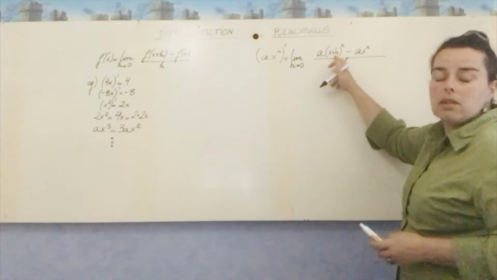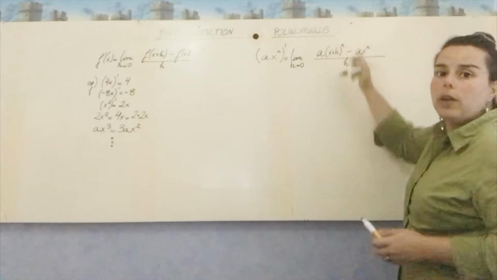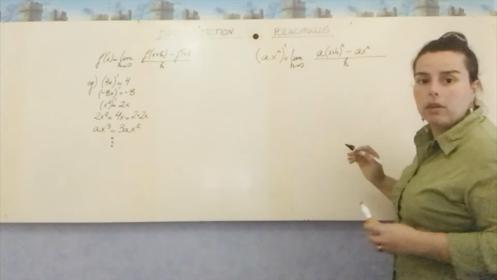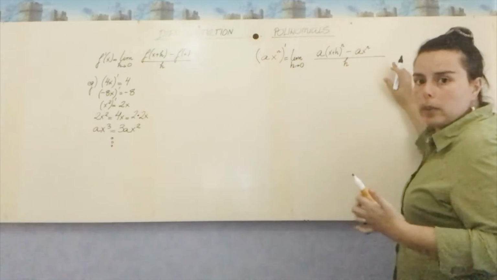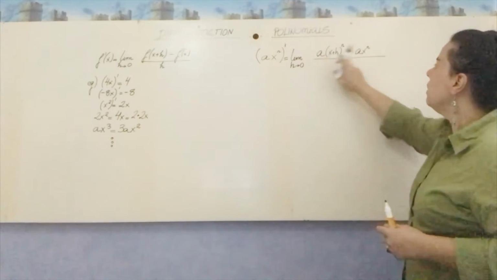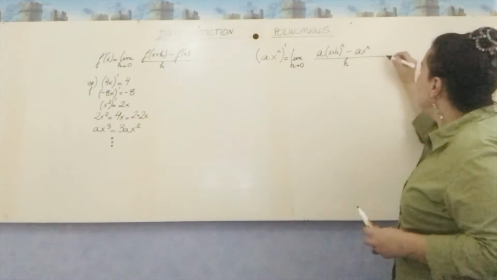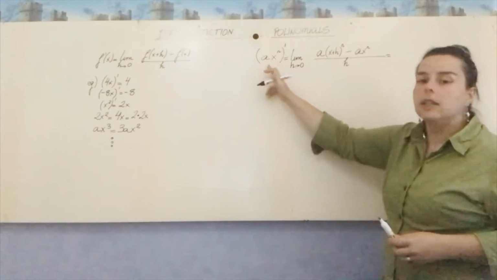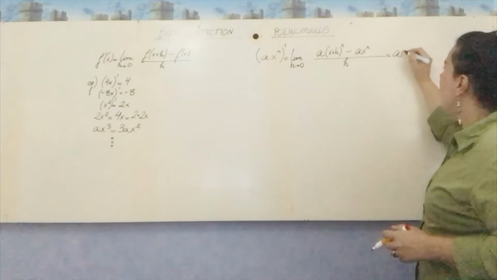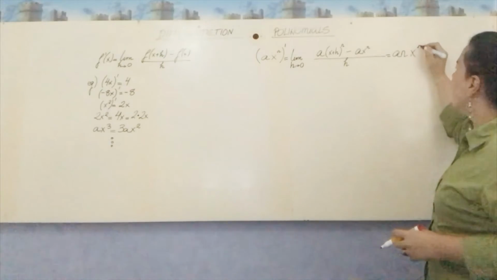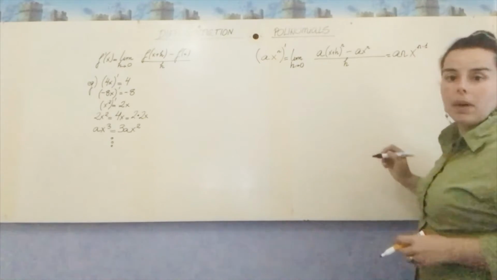Now, this (x plus h) to the power of n is the expansion of a binomial, and I'm not going to do this process, but if you want to go from here, I will have some terms cancelling, and I will know that the derivative of a monomial would be a n x to the power of n minus 1.